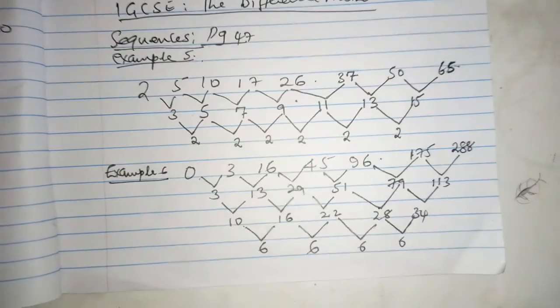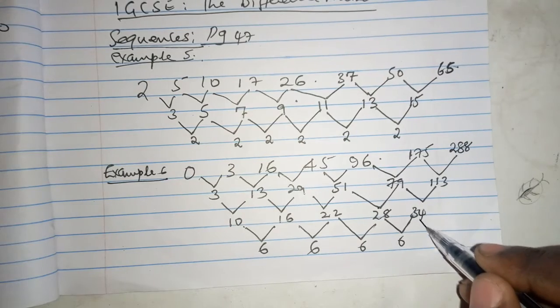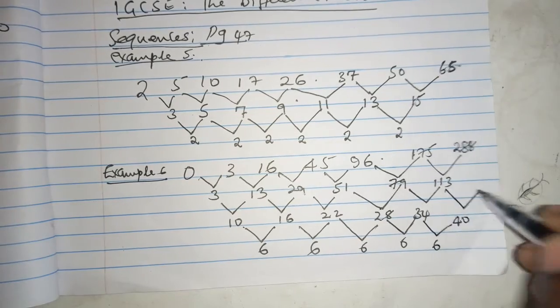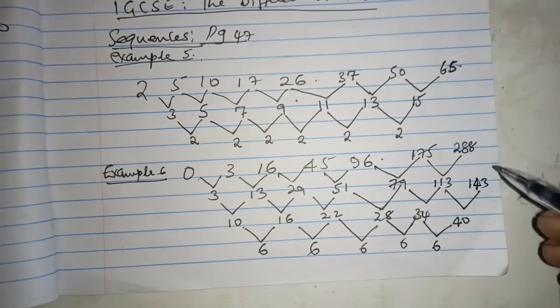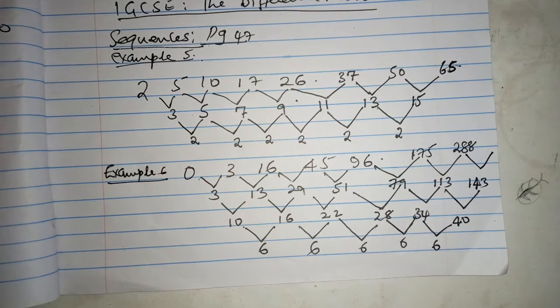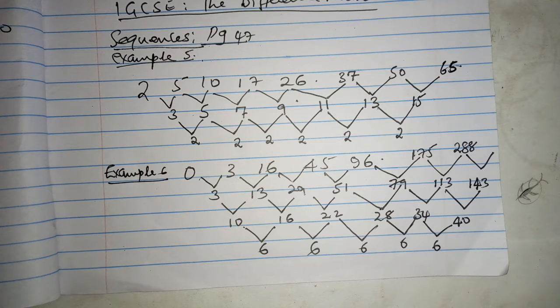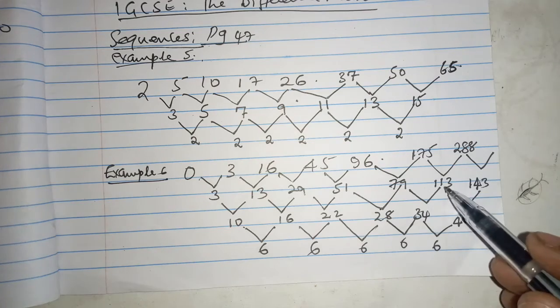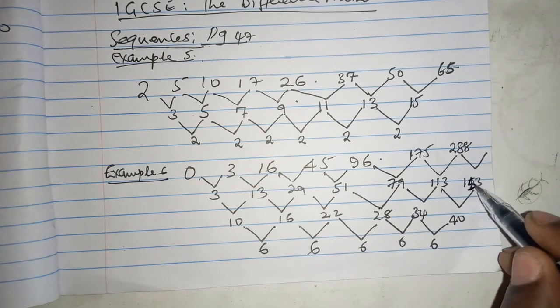For the next term, 34 plus 6 is going to be 40, and 113 plus 40 is 153.